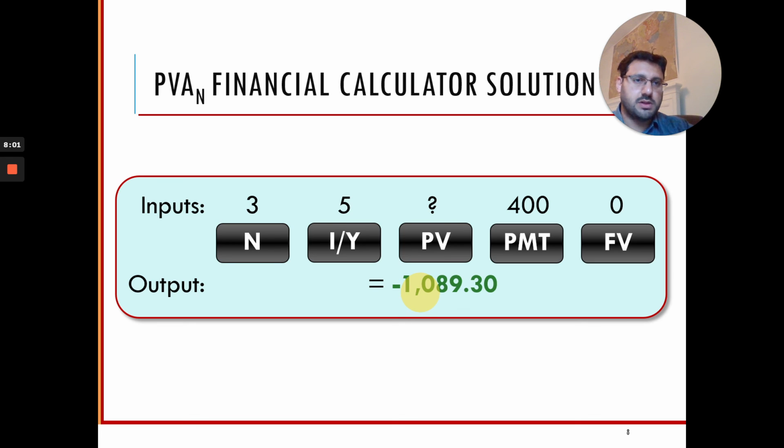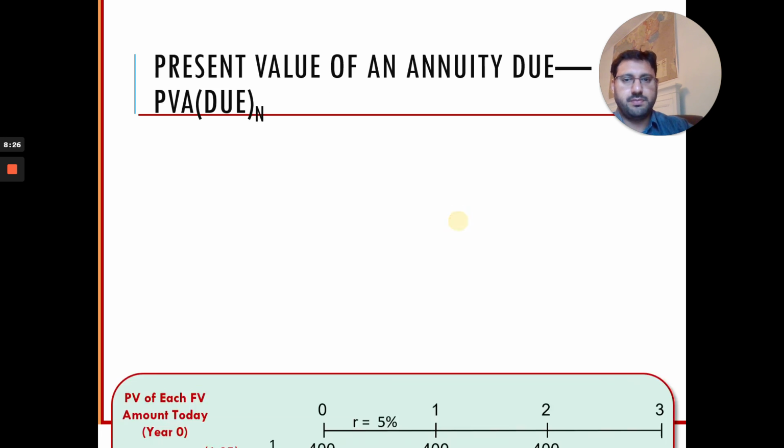So if you deposit 1089 and 30 cents today at a 5% interest rate, compounded annually, meaning interest will be paid each year, you will keep receiving 400 after every year, over the 3-year period of time. And this 400 will obviously have a part of the principal plus the interest which has been added into it.